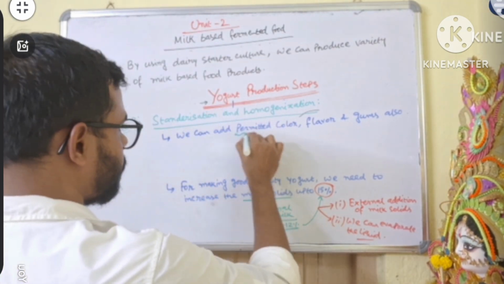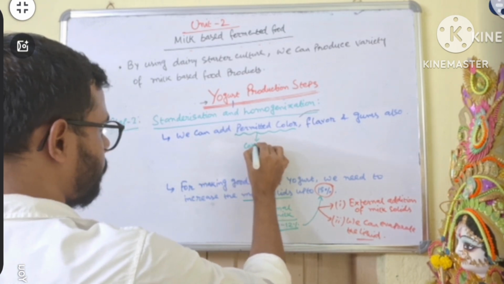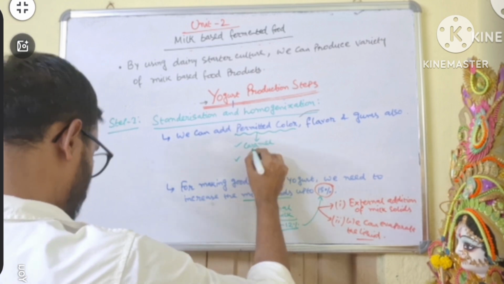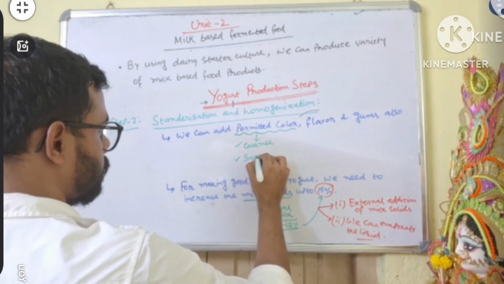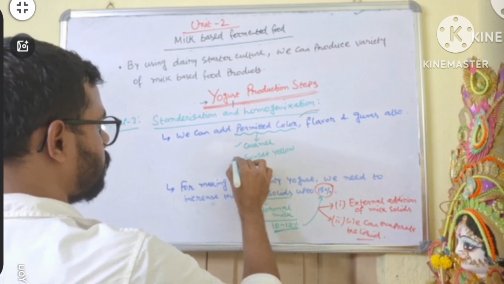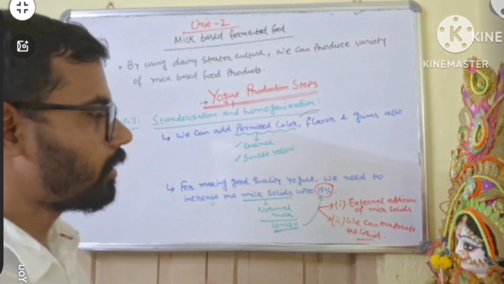Some examples of permitted color: caramel, sunset yellow. Appearance will be good after using color.